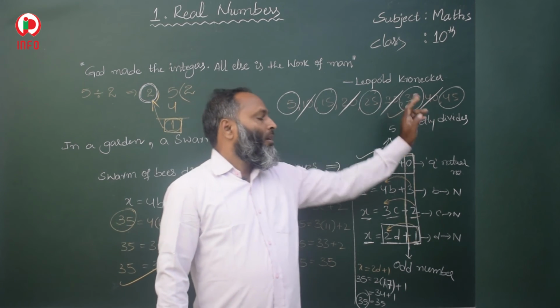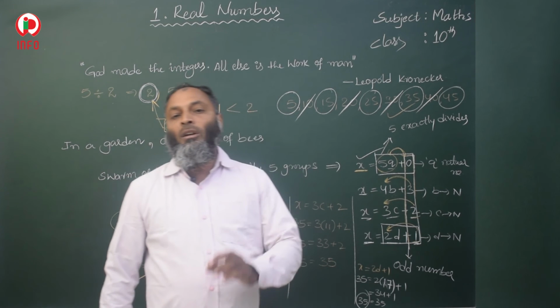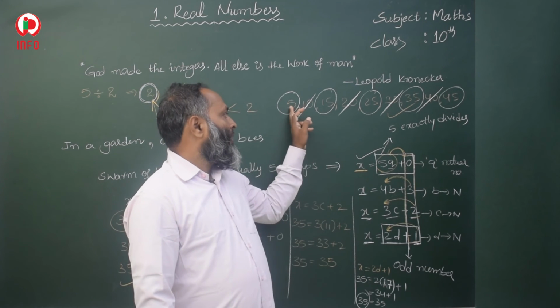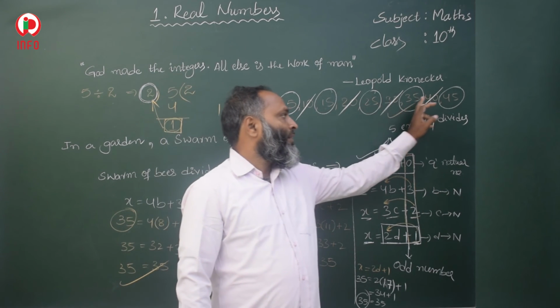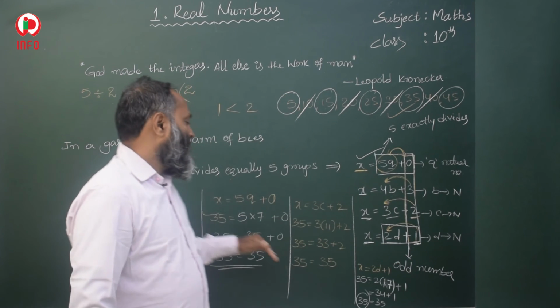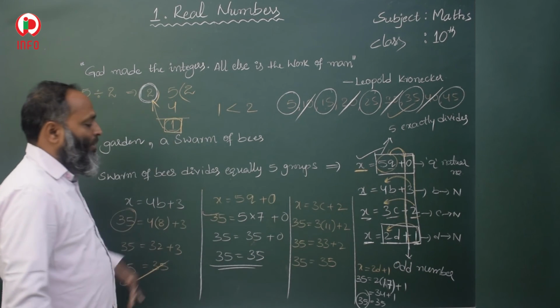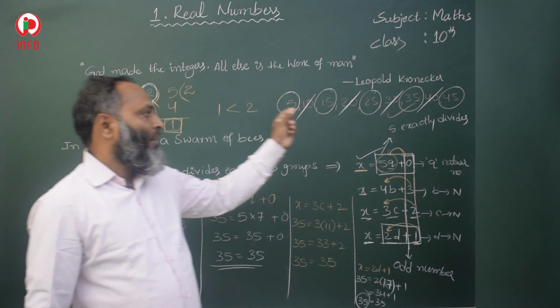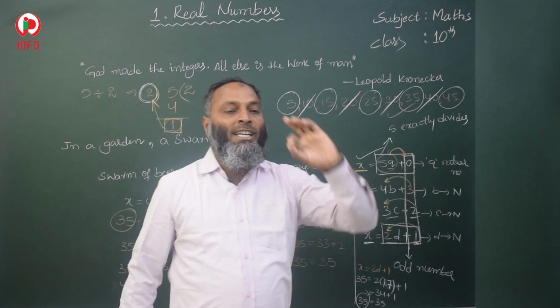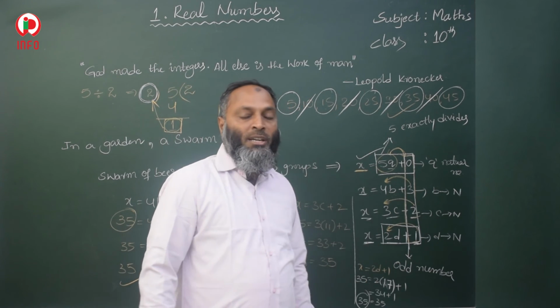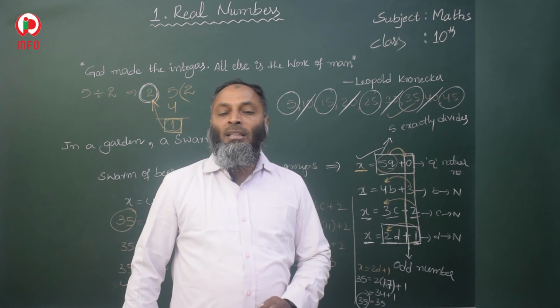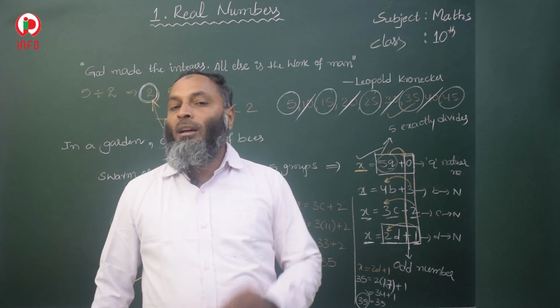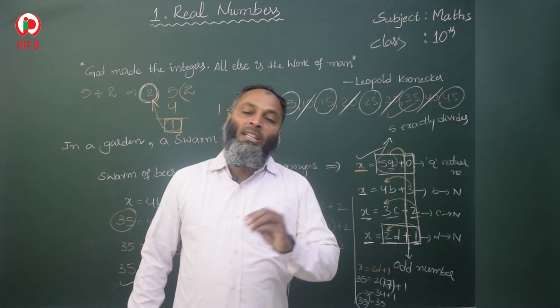So among multiples of 5, we select only odd numbers: 5, 15, 25, 35, 45. One by one you check these in the statements. The number 35 satisfies all these statements. So in our puzzle, how many bees are there in the park? 35 bees were there in the park.